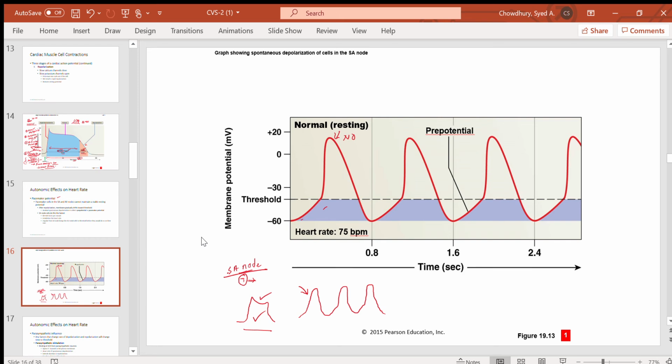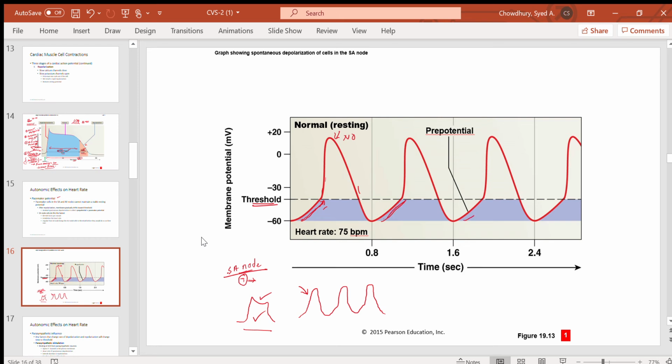And you see here one thing is important. This first part, as I mentioned, is a slow rise, okay? And then when it reaches the threshold, it goes up fast. So after repolarization, when depolarization starts again, the first part is slow.